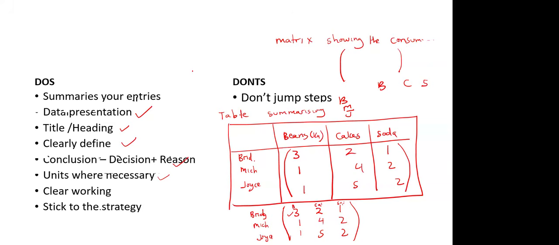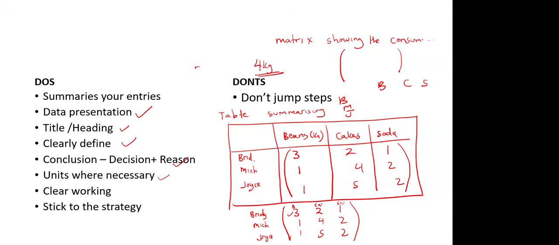So in the total, you will say the total kilograms of beans bought were 4. Or you can say that the beans was equal to 4 kilograms.